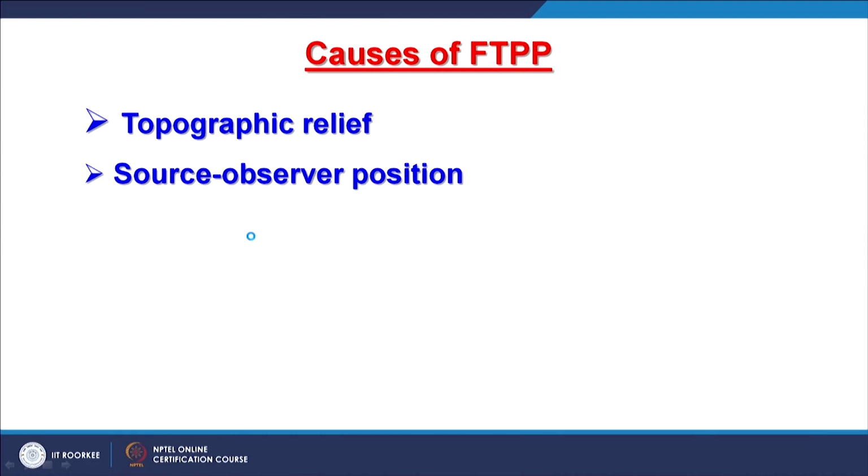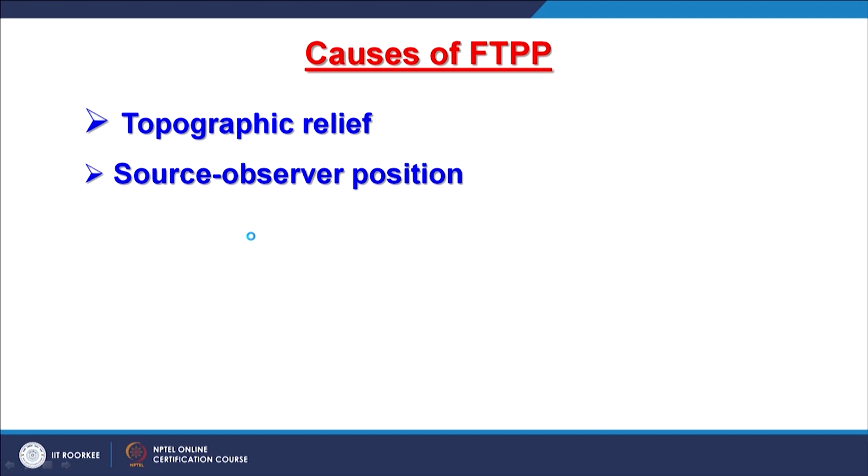Now, what are the causes of FTPP? We will see one by one. The first cause is topographic relief. If the terrain is flat, there are no shadows, then FTPP will not be observed. So, FTPP is observed only in a hilly or rugged terrain. And secondly, the source and observer position. The source is the illumination source, the position of the sun, and where the observer is.